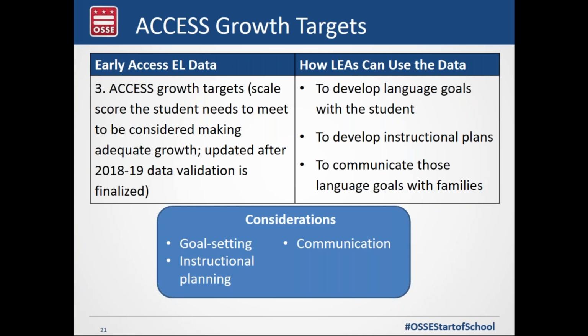This can be useful for the teacher in developing instructional plans specifically within lessons, but also looking at across the year, what are the overall overarching objectives for moving the student forward in their proficiency. And then this can also be used to communicate with families about where a student currently is in proficiency and what those goals are.